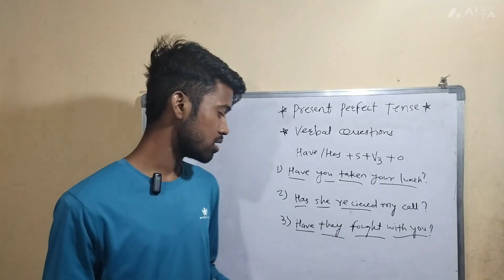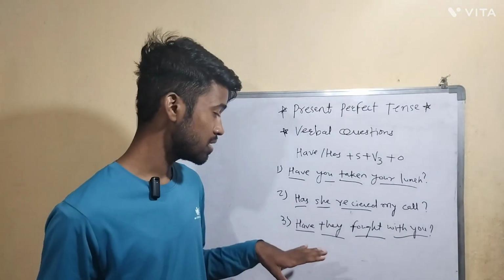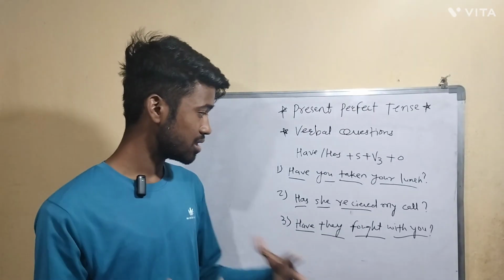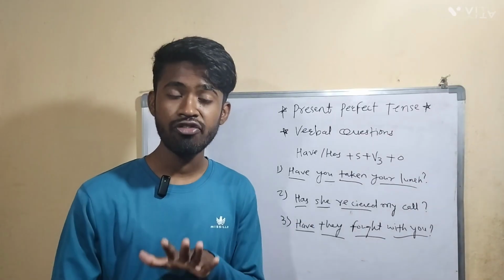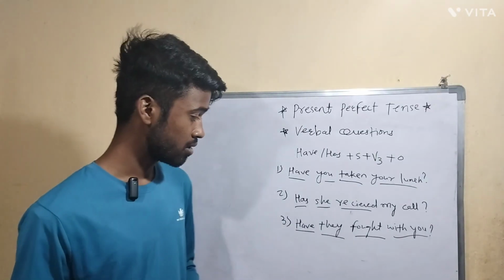So what are the possible answers? There are two possible answers, right? First one, positive: yes, they have fought with me. Then the negative: no, they have not fought with me.